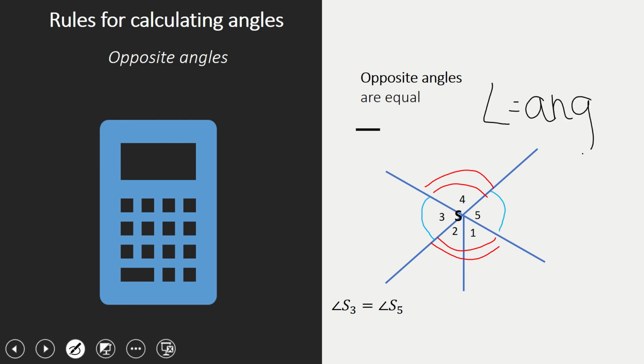If you forgot it, please write it down. And then we also see that angle S4 is equal to angle S1 plus angle S2. So you say angle S4 equals angle S1 plus angle S2. And that is the same as angle S12. You may write it down like this.